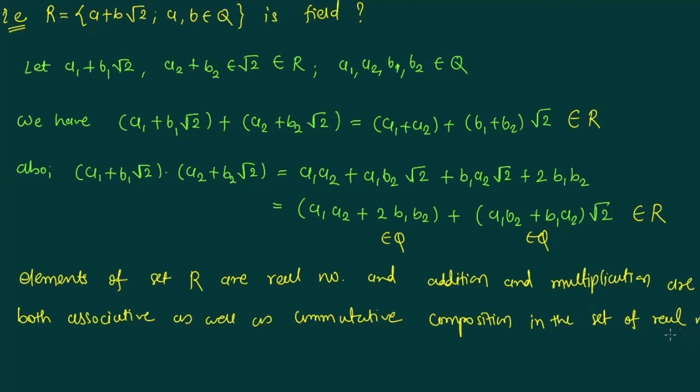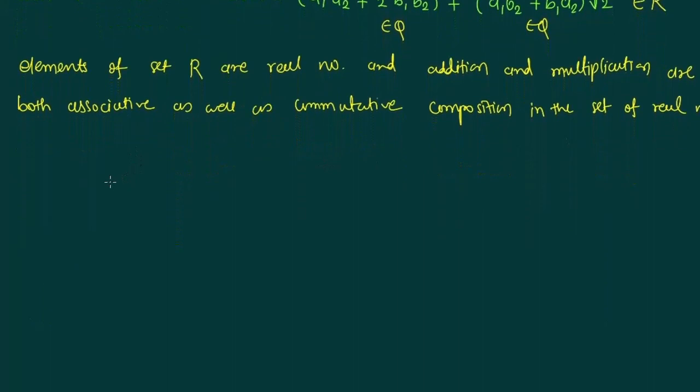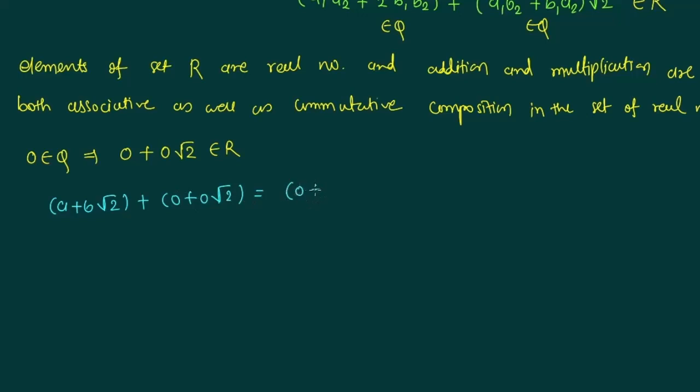Okay, so this is what we don't have to prove here, the associative law with respect to addition and composition. We now go directly to the zero element or the identity element with respect to addition. We know that 0 belongs to Q, so this implies 0 plus 0 into root 2 belongs to set R, and if we have a plus b root 2 and add this with 0 plus 0 root 2, then this is equal to 0 plus a plus 0 plus b into root 2, and this is a plus b root 2.